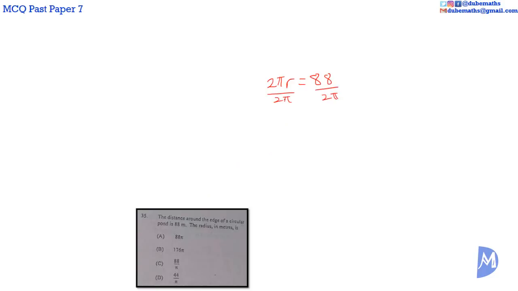The 2 pi's cancel to remain with r on the left hand side. r is equal to 88 over 2 pi. Further cancelling, 2 into 2 pi is pi, 2 into 88 is 44. We get 44 over pi. The answer is D.